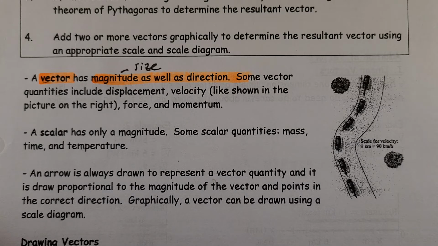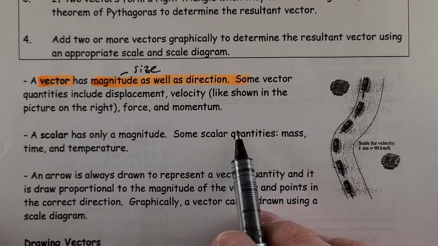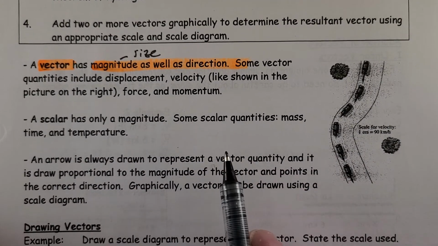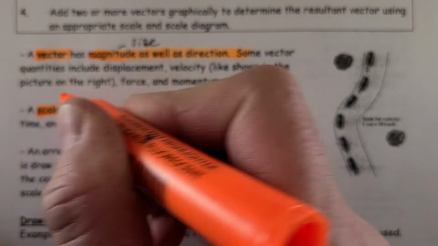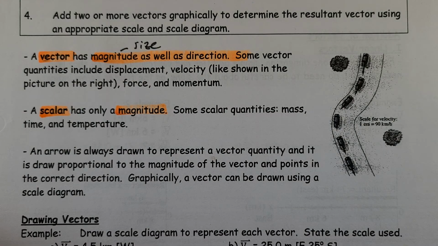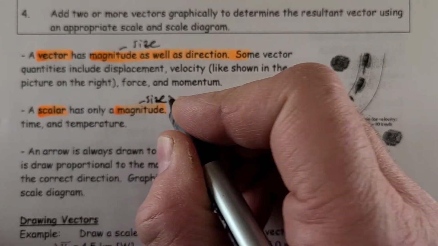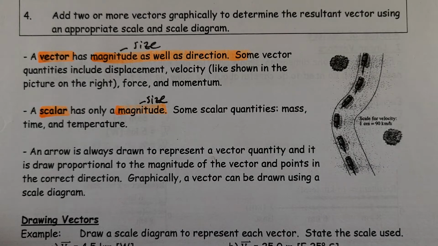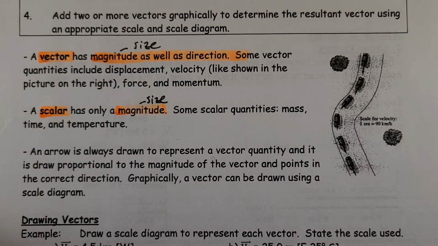Some vector quantities include displacement, velocity, such as shown over here, force, and momentum. Now, to distinguish a vector from a scalar, a scalar has a magnitude only. So it has a size, but no direction. Some scalar quantity examples include mass, time, and temperature.